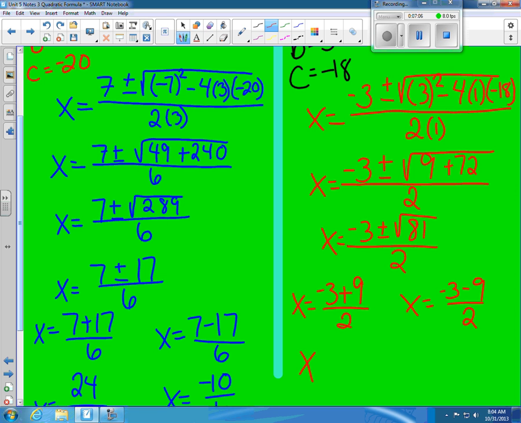Negative 3 plus 9 gives us 6 divided by 2, so we have 3 as one of our answers. And then negative 3 minus 9 gives us negative 12 divided by 2, so negative 6 is another solution. So most of the time, you're going to see some decimals and some whole numbers, and that's just fine with us. We don't have to worry about that.